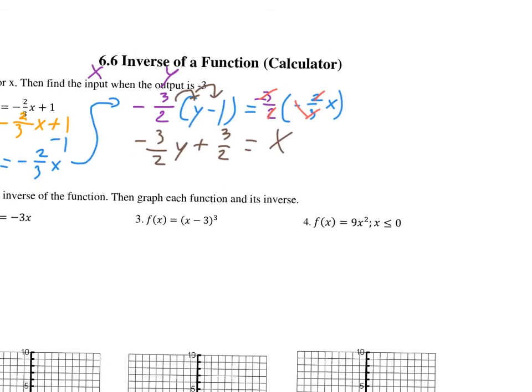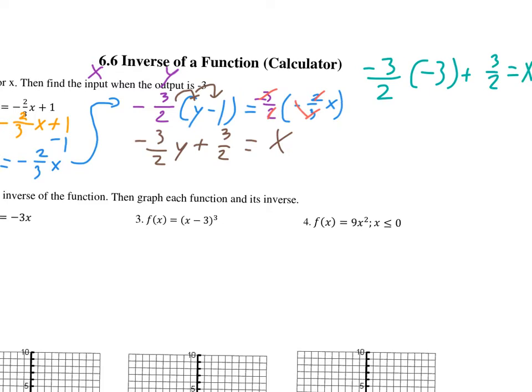The next part, we want to find the input when the output is negative 3. So what is x when y is equal to negative 3? Let's go ahead and plug in those values to solve this problem. We have negative 3/2 times negative 3 plus 3/2 is equal to x.